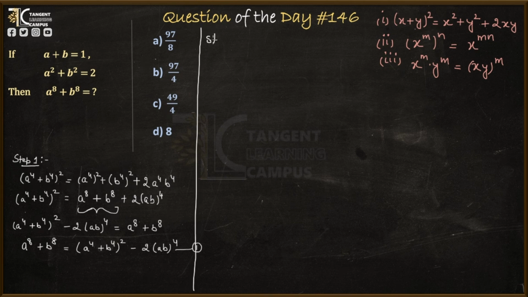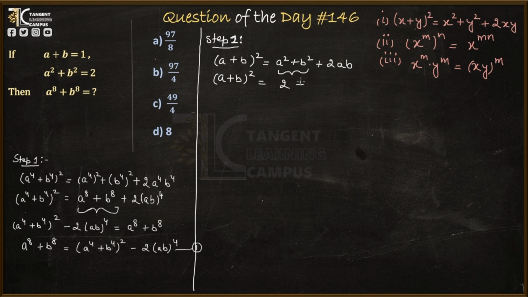So step 2, basically what we can do, we can write down (a plus b) square, and by using the first formula we can write down a square plus b square plus 2ab, right? And here (a plus b) square is equal to, we have the value of a square plus b square which is equal to 2, so we can put the value here.